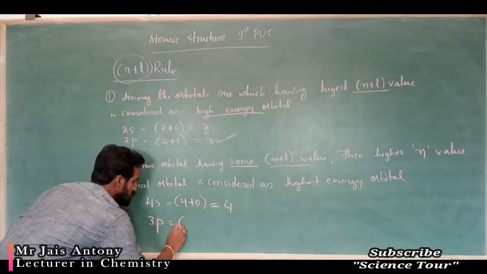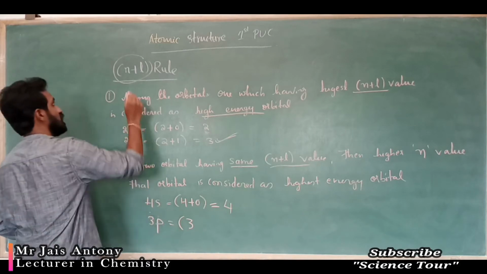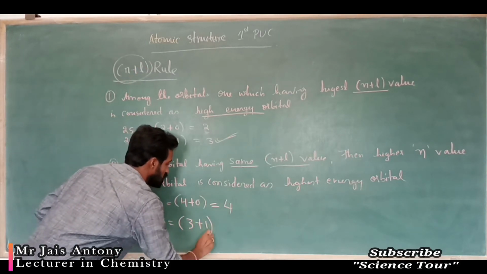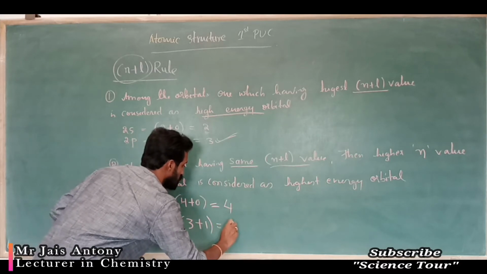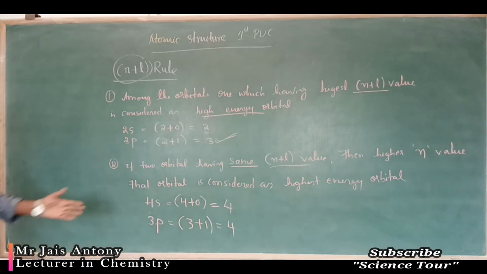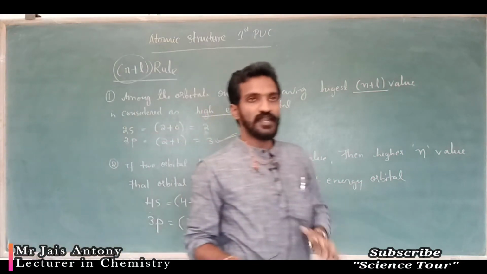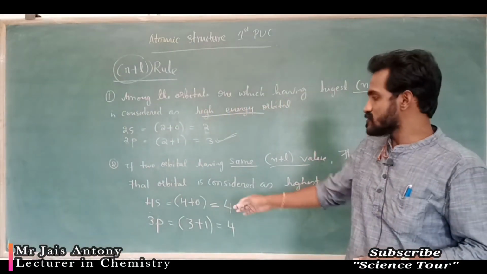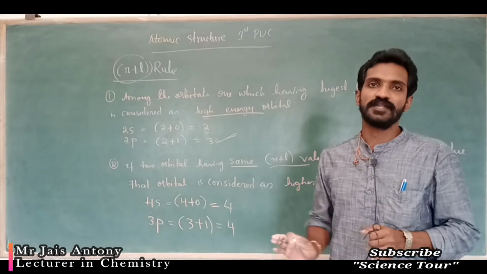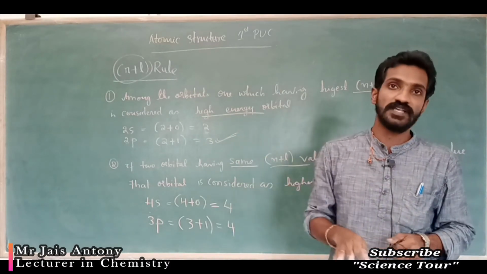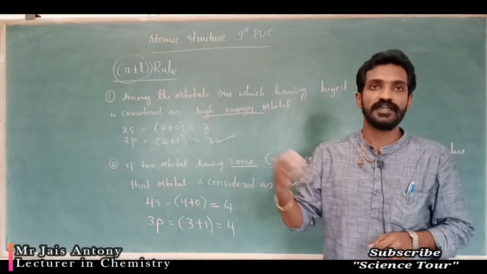For 3p, n is 3 and L for p is 1, so it is 4. Now you can see these two orbitals show the same n plus L value, so the same energy. So in this first case, among the two orbitals, the one which has the highest n plus L value is considered the higher energy orbital.